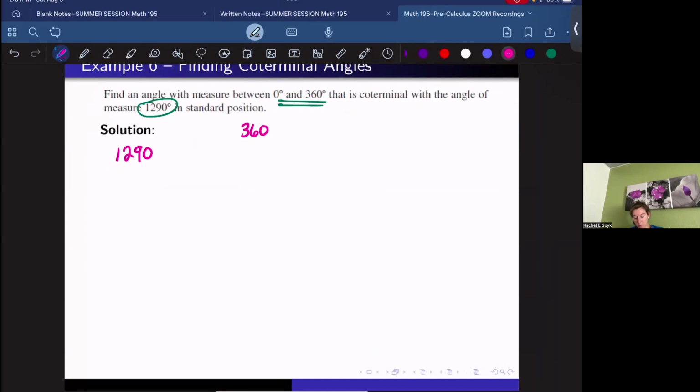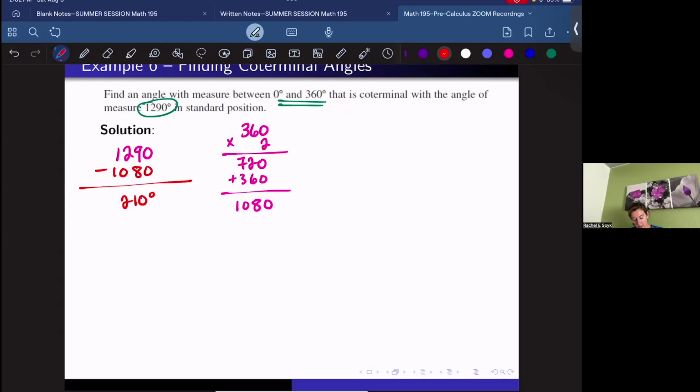Instead of doing it one by one, 360 times 2 gives you 720. And then I'm going to add another 360 to that to get 1,080. That's the number I'm just going to subtract. And so when we do that, we get 210.